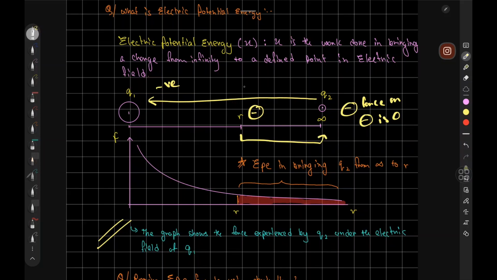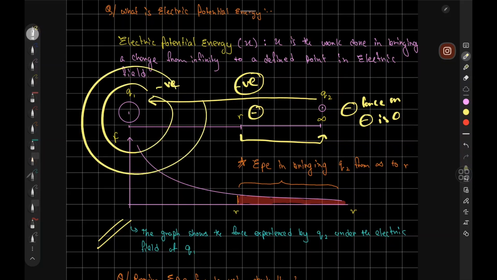At R, its potential is going to be negative. Why negative? Because from R to infinity, you're going to do work against the field of q1. Against the field of q1. Why? q1 is trying to attract the negative charge towards itself.